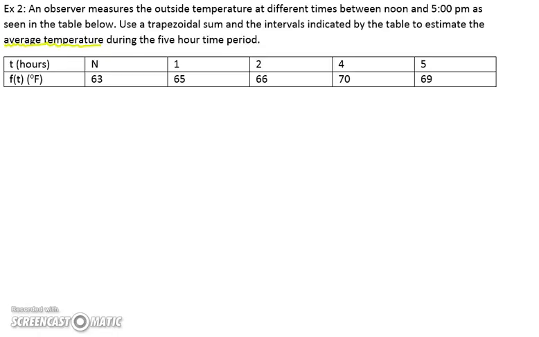The way to tell is to look at the units. If the units of what they're asking for, so the average temperature, match the units that we start with, that means average value. So that's going to be an integral problem.